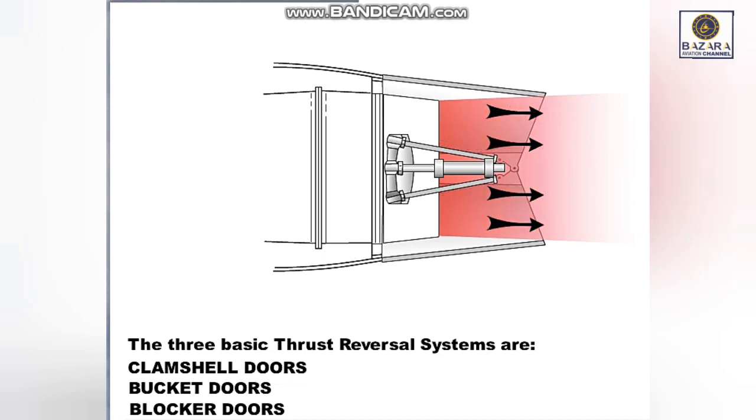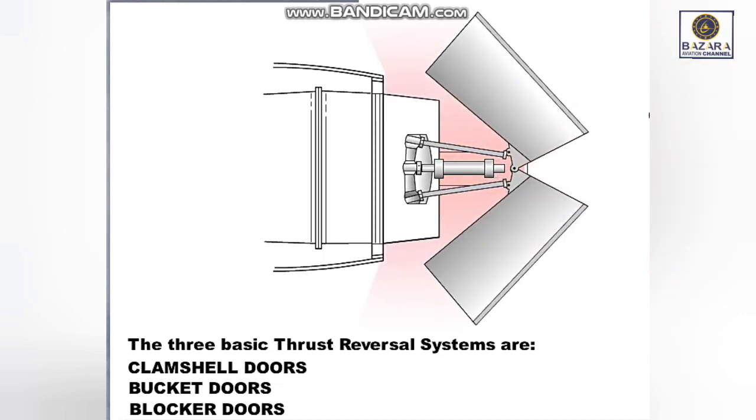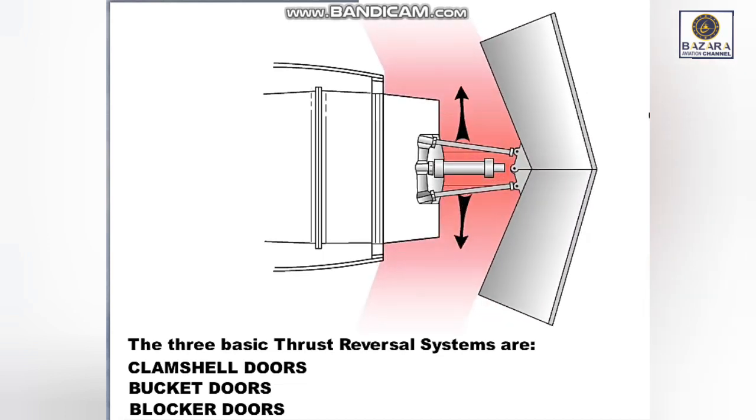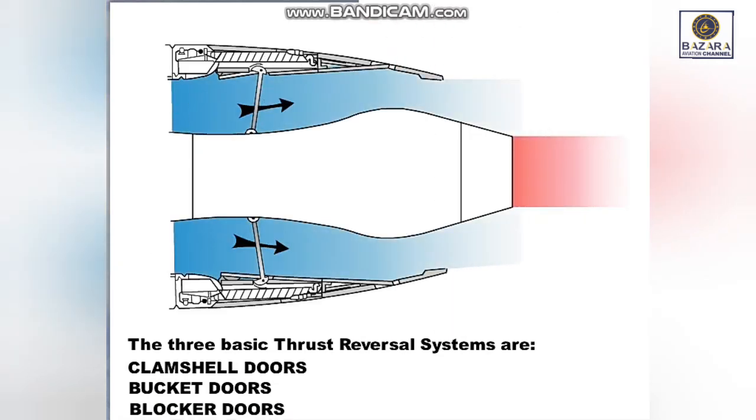This is the second type, and here we will see how it works. And the last system is called blocker doors, and these are our blocker doors, used in turbofan engines.